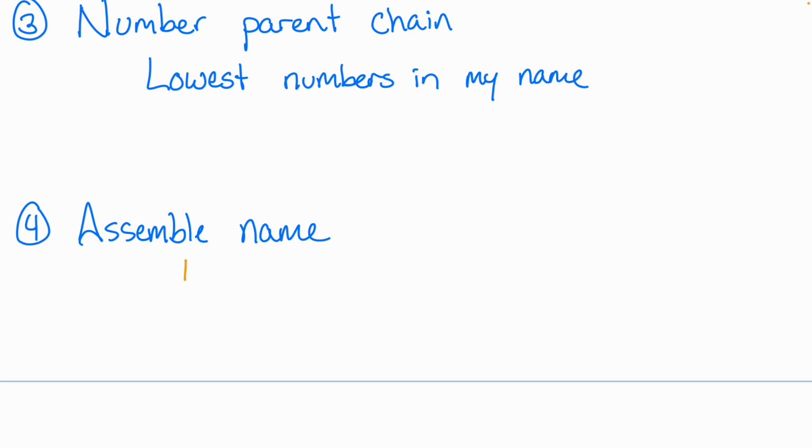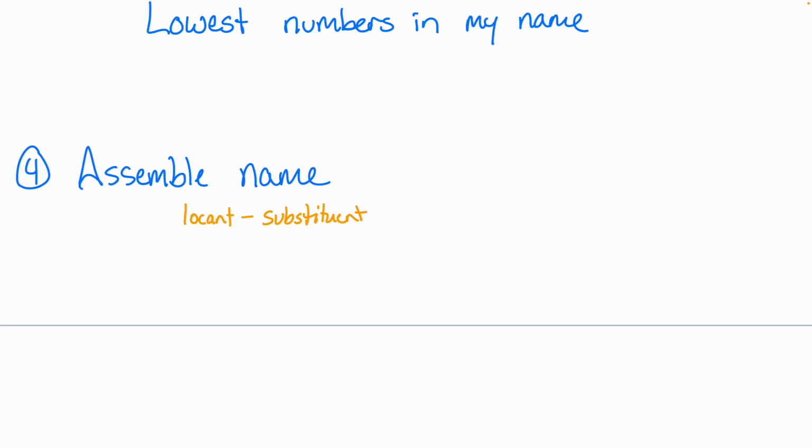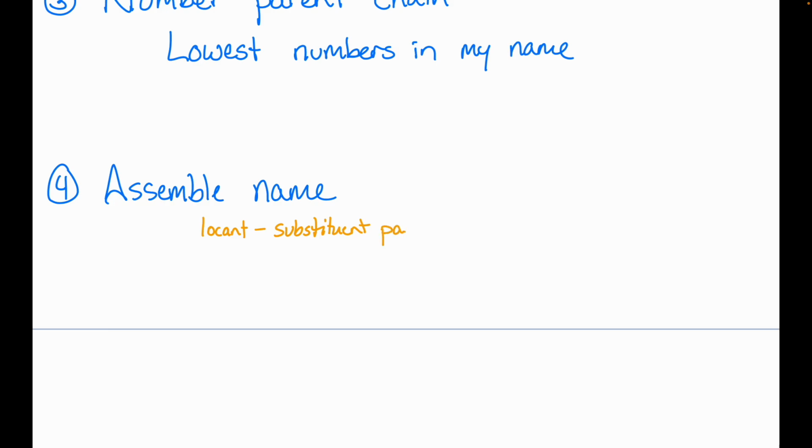Okay, so we want locant, substituent, with the parent, and let's just make a note that there is no space between the substituent and the parent. In fact, there's really no spaces that will appear in your nomenclature until we get to certain specific functional groups. All right, you always run everything together.